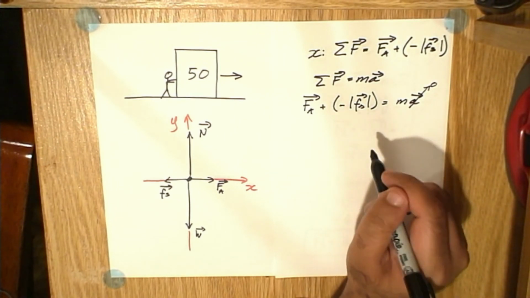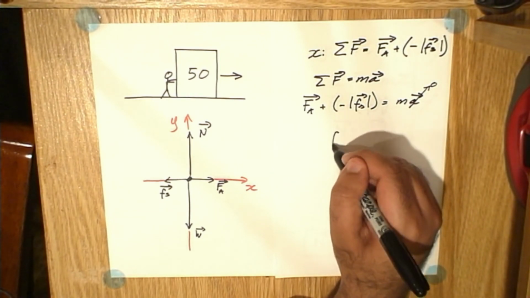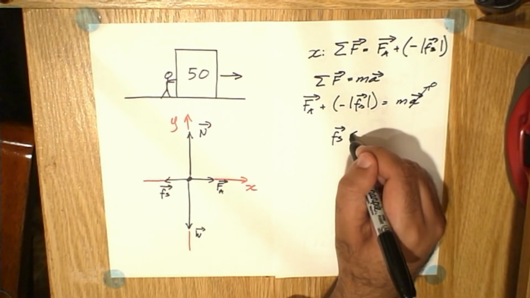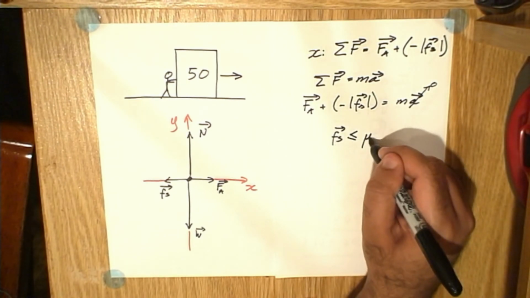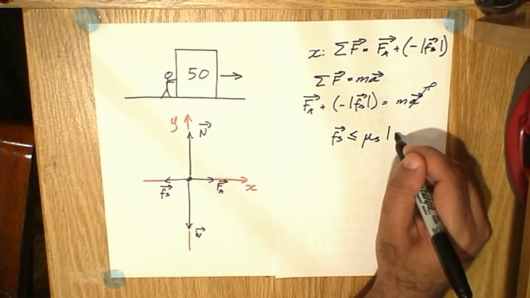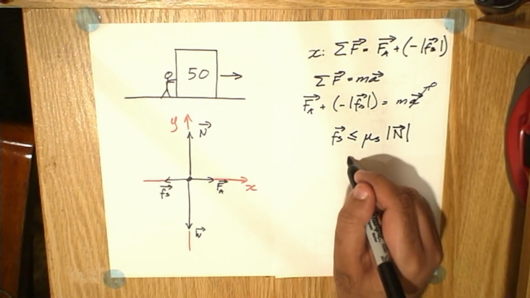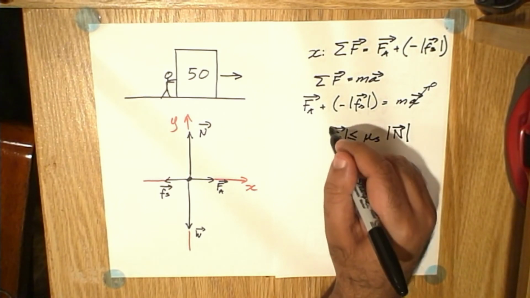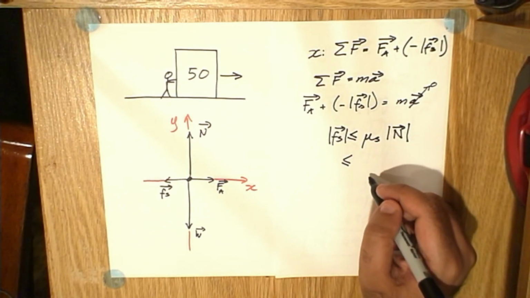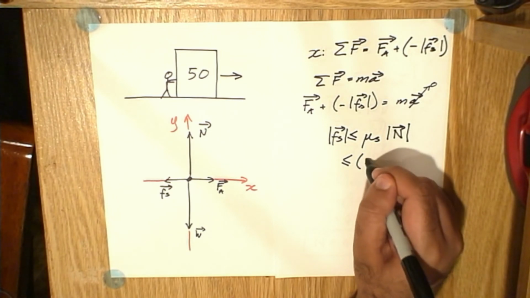Now let's actually go about and do that. The threshold value of static friction is given by mu sub s multiplied by the normal force. It just so happens that mu sub s for steel on ice is 0.4.